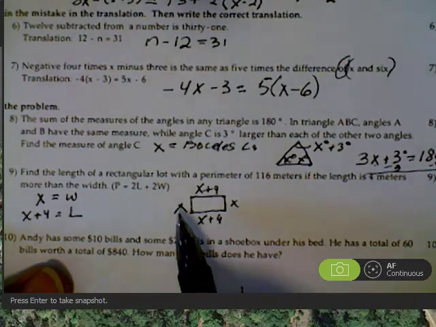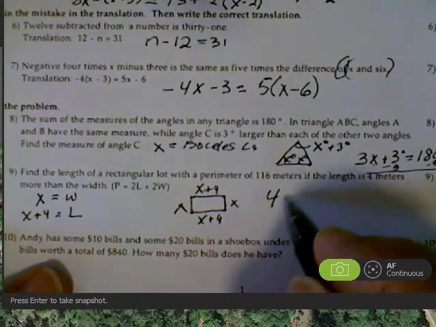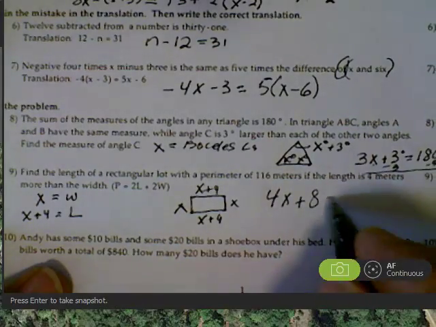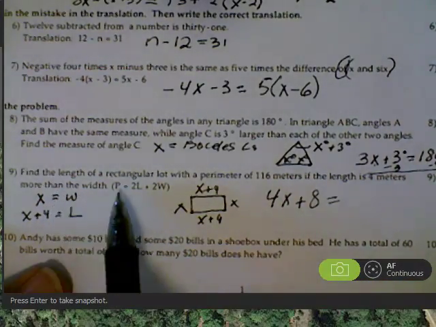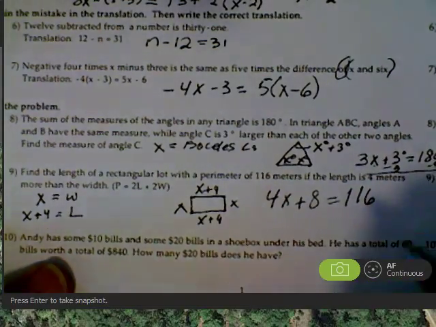And now we walk around the perimeter, 1, 2, 3, 4 x's, 4 plus 4, 8. That's supposed to equal the entire 116 meter perimeter.